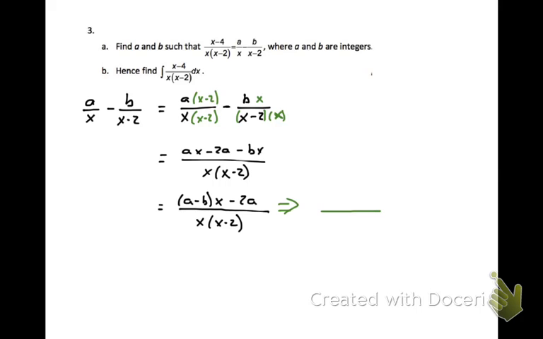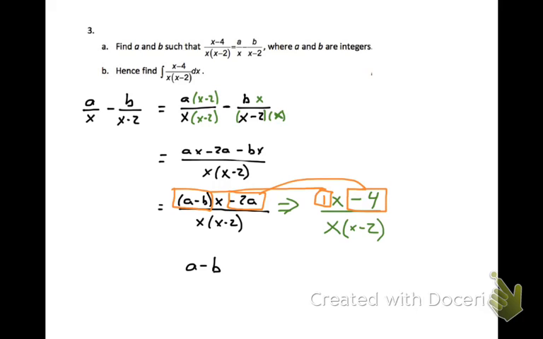Now I know that that's going to equal this because it told me that in the question. So that means that my x coefficient, a minus b, is going to equal 1. And this other term is going to equal 4. Then it's just a small little system of equations. So a minus b equals 1, 2a equals 4, and then we can quickly solve for a to be equal to 2 and b to equal 1.